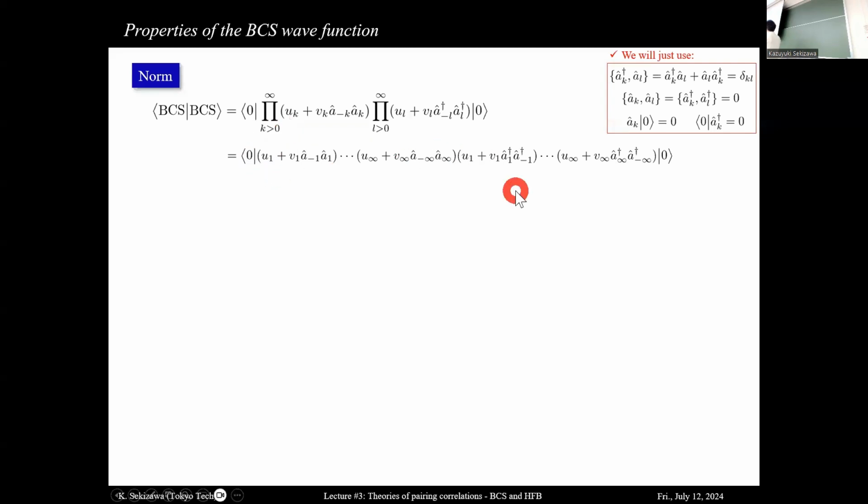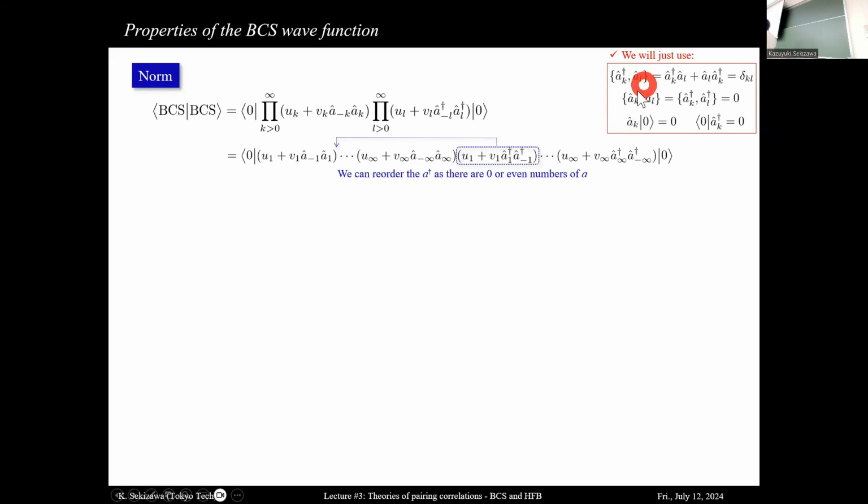Okay, now let me reorder the operators. For instance, this term containing the index 1 can move up to here, next to the term which contains the same index. The reason I can move this term from here to here without any factors is that it contains an even number of annihilation operators.